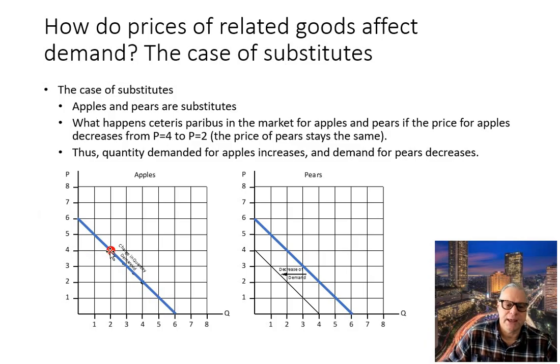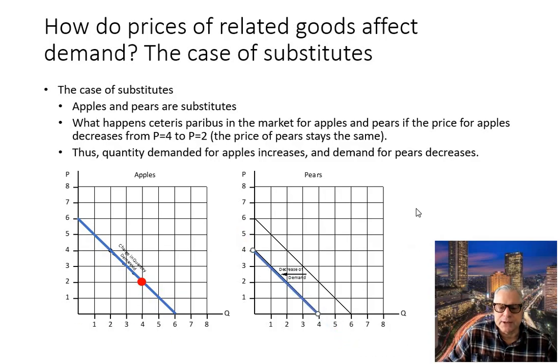Now what happens is that the price for apples goes down, and as a result of that, quantity demanded of apples increases again from 2 to 4. But now more apple consumption drives out pear consumption, which means that even if the price for pears stays the same, let's say it still stays 2, then instead of eating 4 pears, people now eat only 2 because they eat more apples.